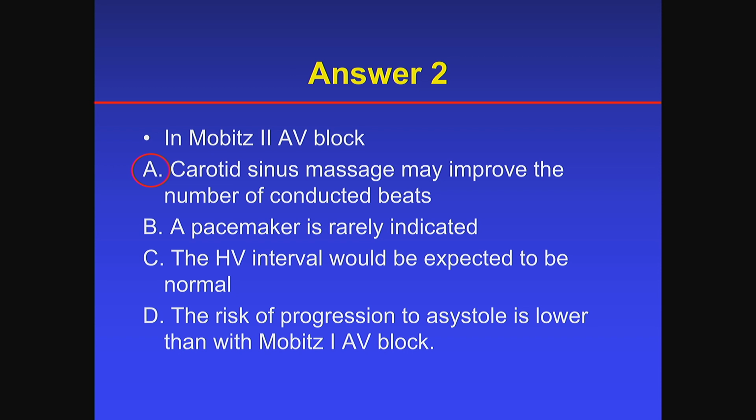In this question, the answer is A. We discussed in the previous slide the mechanism of carotid sinus massage and how it may improve the number of conducted beats if it slows sinus rate. A pacemaker is indicated in this situation, so B is incorrect. The HV interval would be expected to be abnormal in this situation, so C is incorrect. And D is also incorrect because the opposite is true.